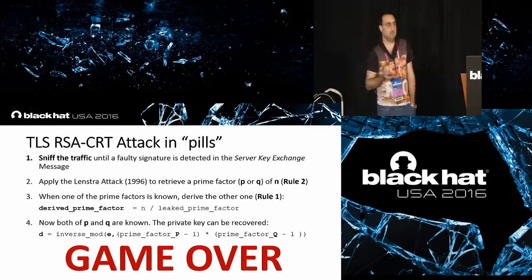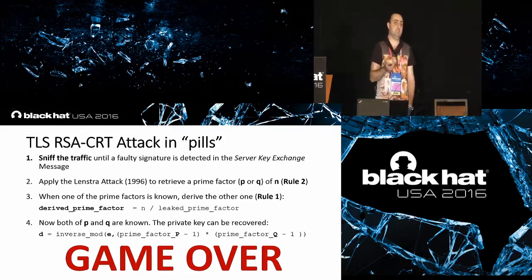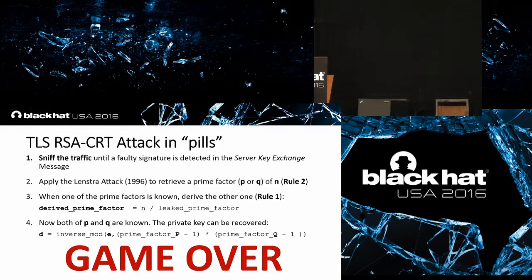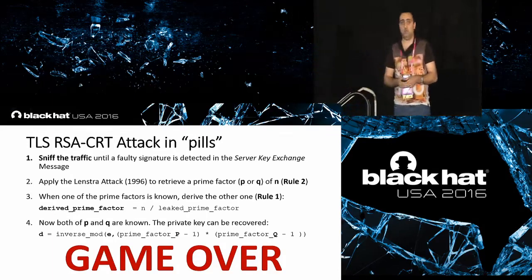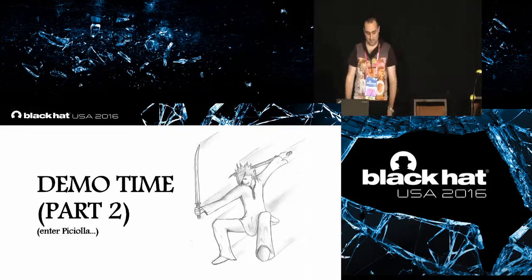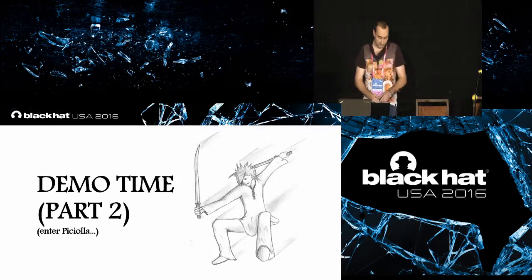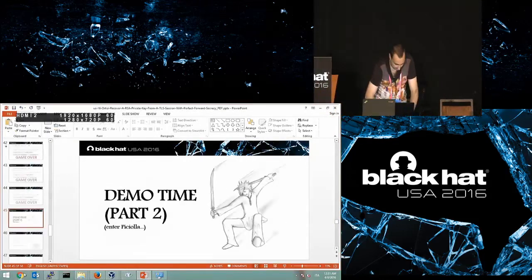This means that we can just sniff the TLS traffic looking for the information that is useful to us, and we can conduct this kind of attack not only actively, but also passively by sniffing the network. And to demonstrate this concept, I have created a second tool that I've called Picciola, and I want to give you a live demo of this other tool as well.